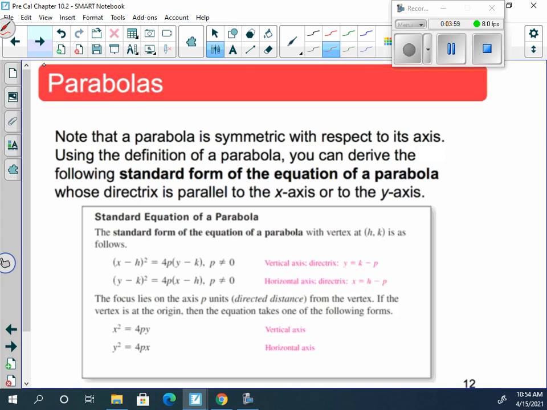Now we also have (y minus k) squared equals 4p times (x minus h). No, (x minus h), no square, no square here. And our directrix for this one is x equals h minus p.